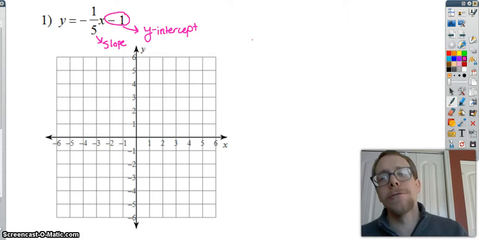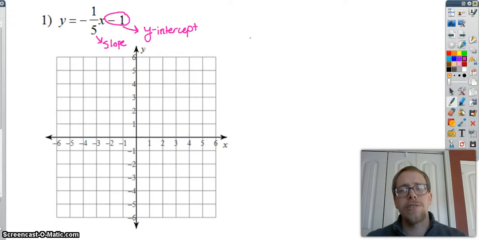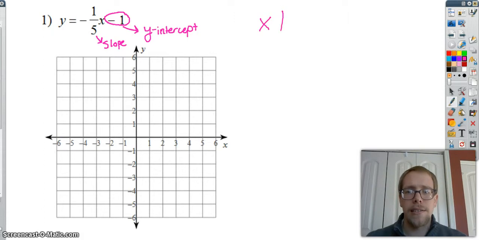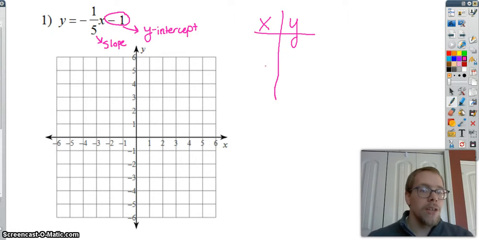What I want us to do is create an input-output table to graph this linear function. So let's write x, that will represent our inputs, y representing our outputs. And what I recommend you do is, because you have this fraction 1/5, use numbers that are evenly divisible by 5.